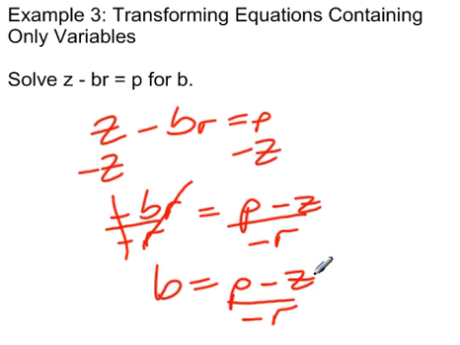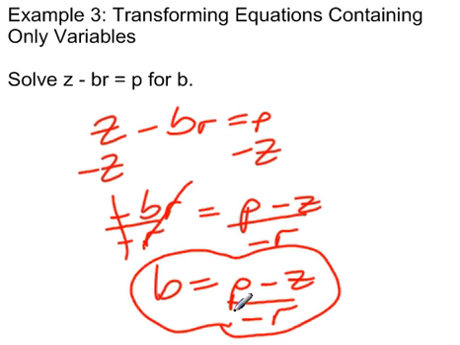Okay, and very straightforward formula there if you're looking for b in this situation. So if you found out the values for p, z, and r, then you can very quickly just plug those in and find what your value for b was. So that would be your formula for b.